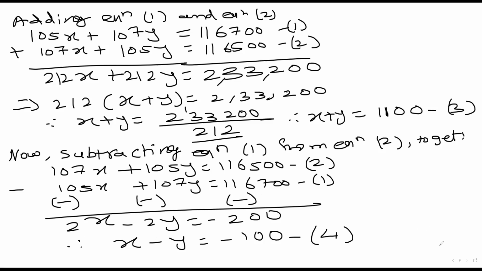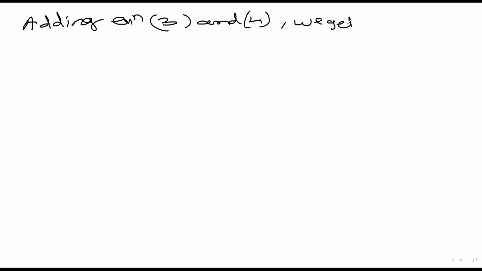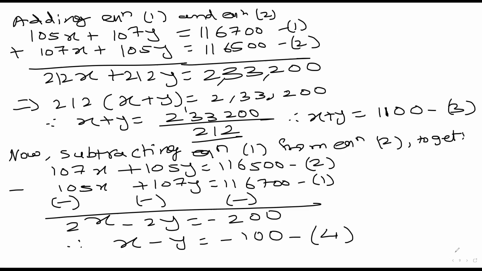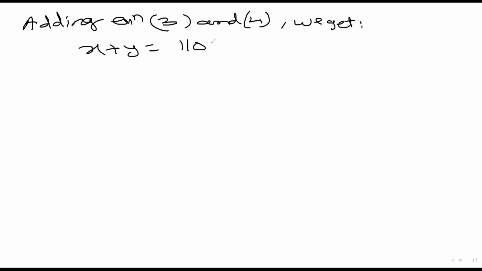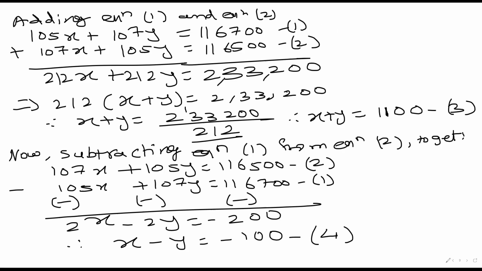Done? Okay. So write down adding equation 3 and 4. We get x plus y is equal to 1100, plus x minus y is equal to minus 100.